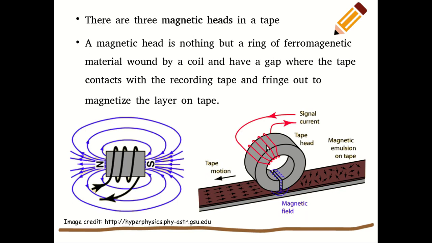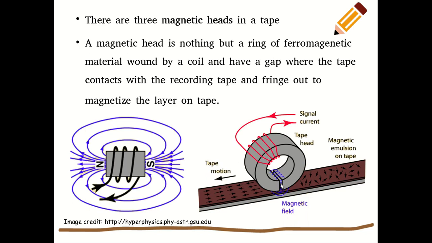So a magnetic head used in a magnetic tape is nothing but a ring of ferromagnetic material, such that there is a small gap between the two edges of that ring.